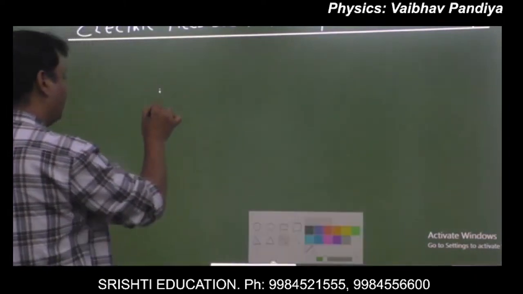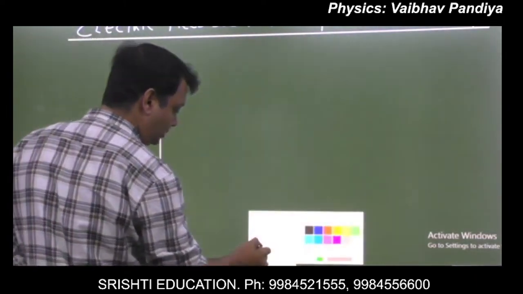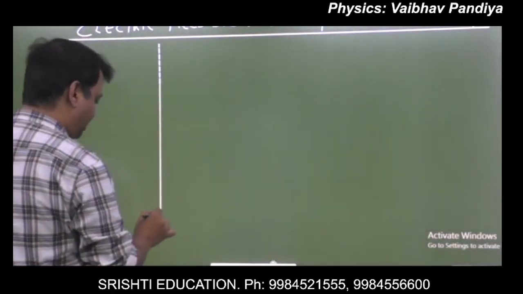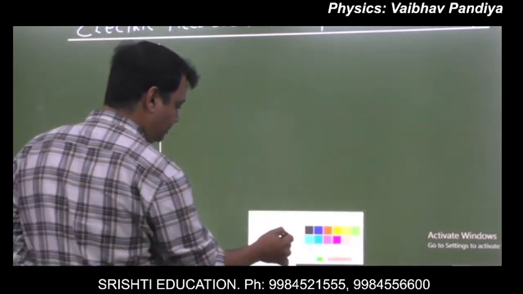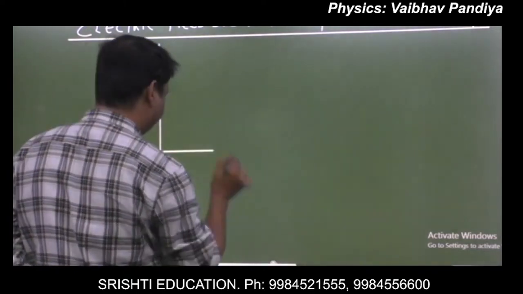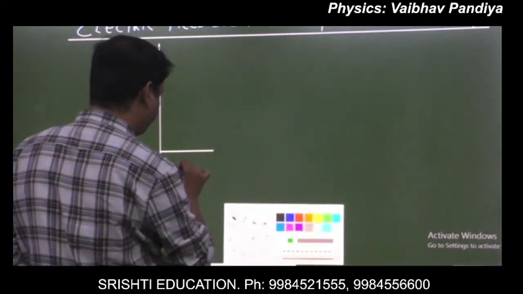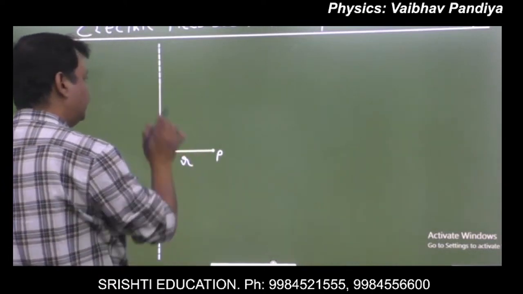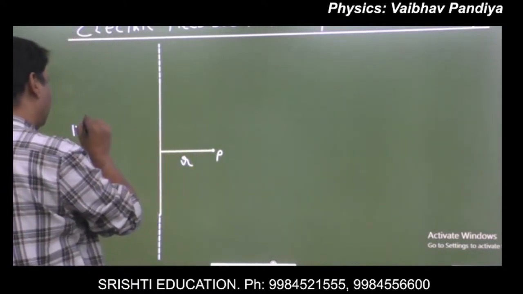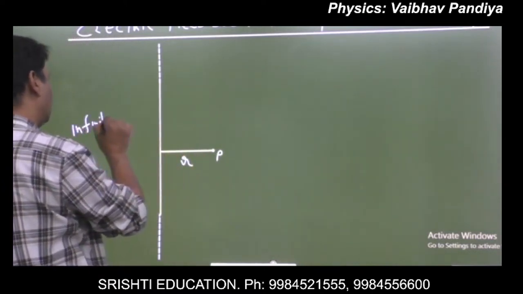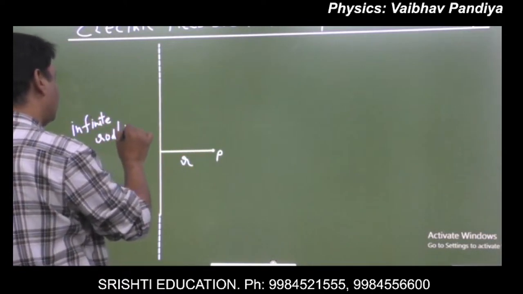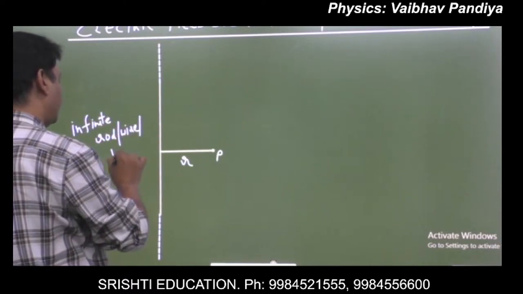Infinite means both the points, the top point and the bottom point, are very far, and say this is a distance r. Either you can say infinite rod or wire or line, whatever you like.